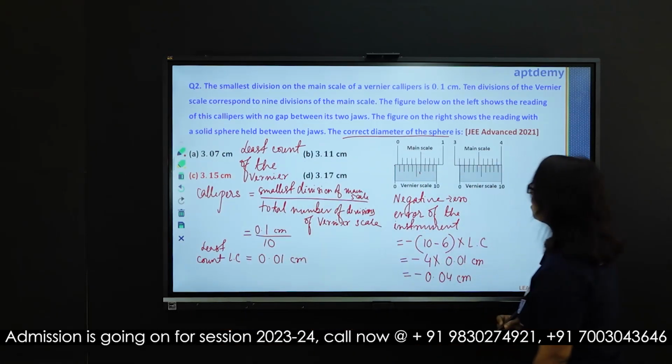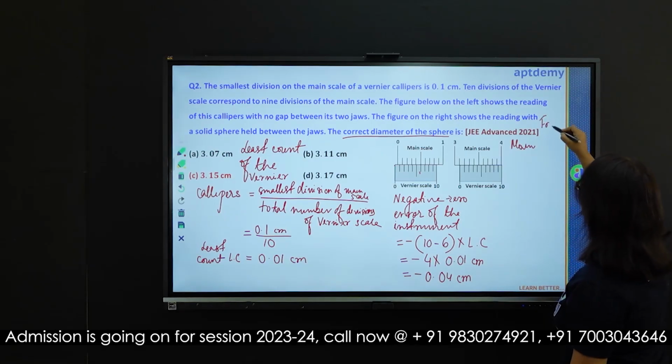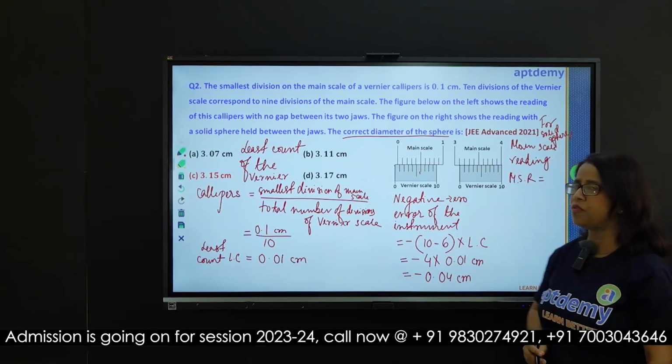Taking a look at the next diagram, the main scale reading. Of course, we are considering the solid sphere now. For the solid sphere, main scale reading, let me represent this as MSR. Now, how do we find that out?